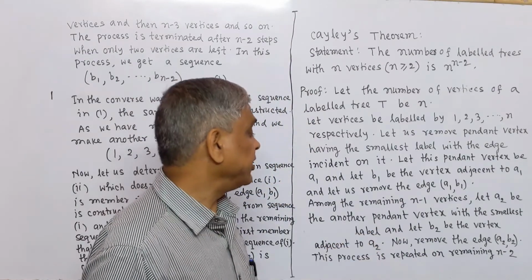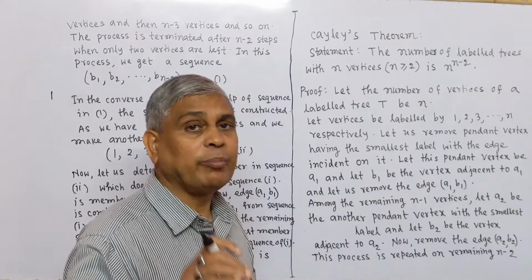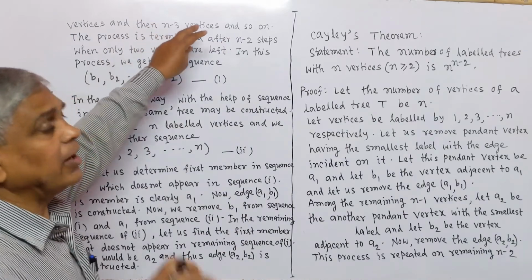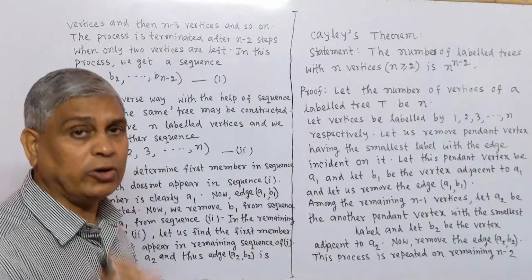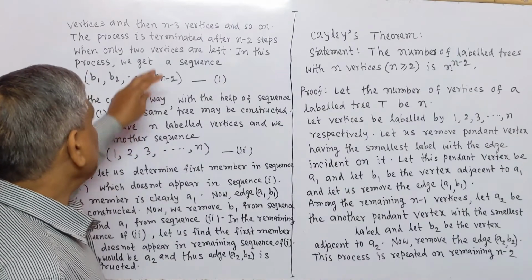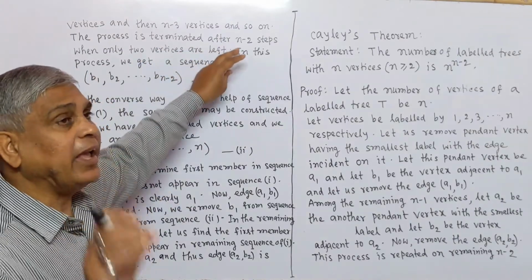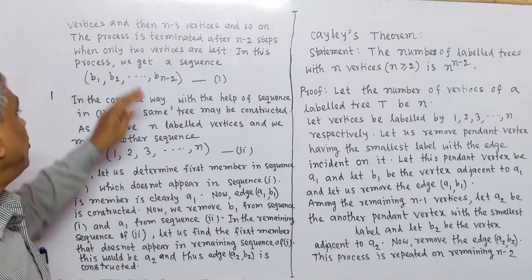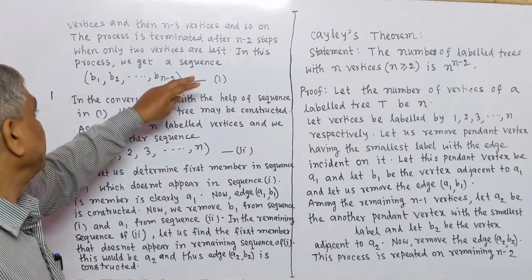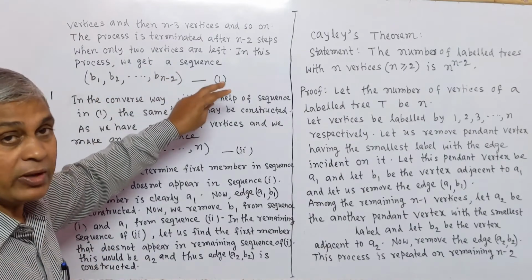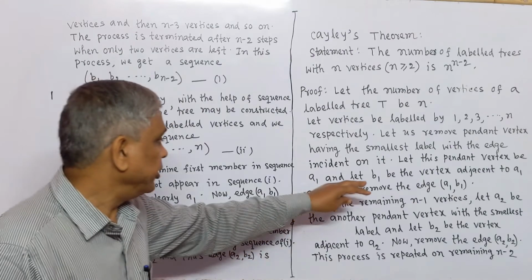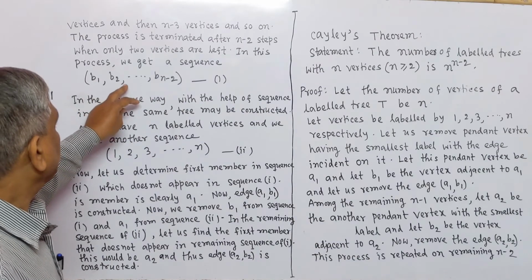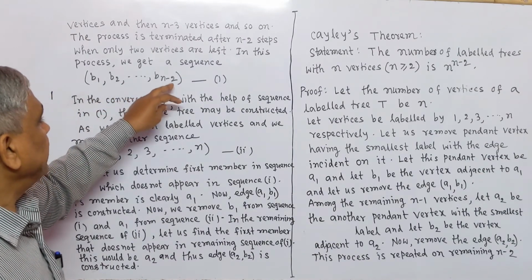This process is repeated on the remaining n minus 2 vertices, then n minus 3 vertices, and so on. The process is terminated after n minus 2 steps, when only 2 vertices are left. In this process we get a sequence. Here we take B1, then B2, up to B n minus 2.